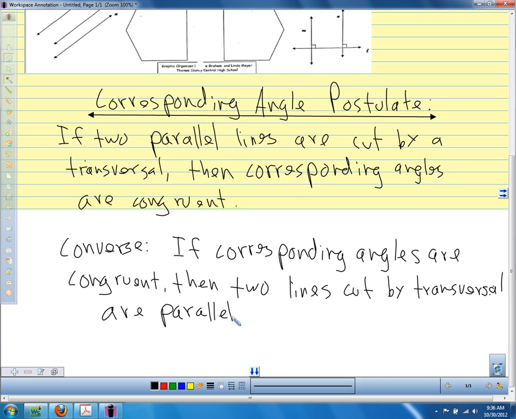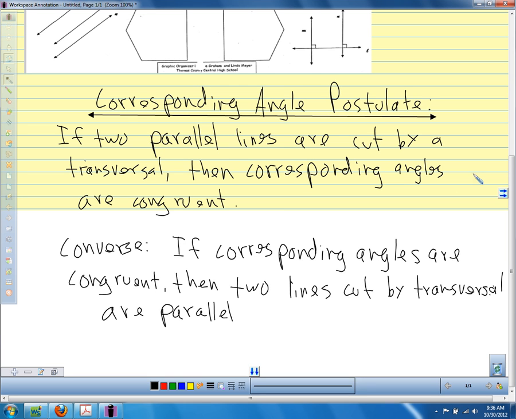Our converse tells us if we know that corresponding angles are congruent, the two lines cut by a transversal are parallel. We can't prove this yet. We will be able to. But for today, we're going to say this is our postulate: if corresponding angles are congruent, then two lines cut by a transversal are parallel.